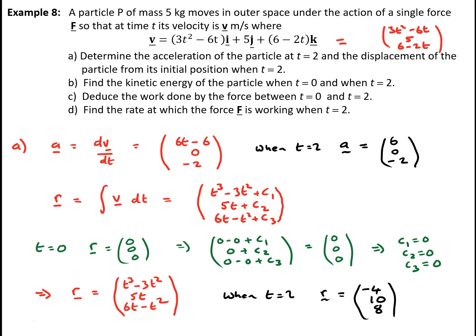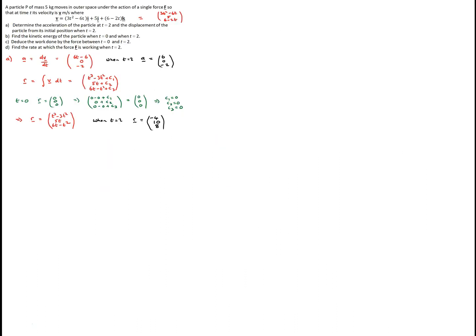Now for part B, we've got to find the kinetic energy of the particle when t equals 0 and when t equals 2. Now we know the velocity expression, so when t equals 0, the velocity is (0, 5, 6).